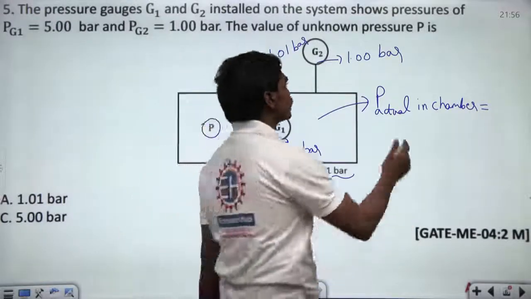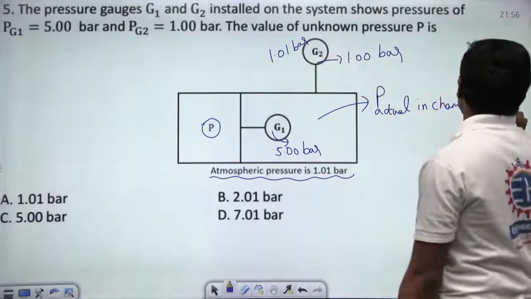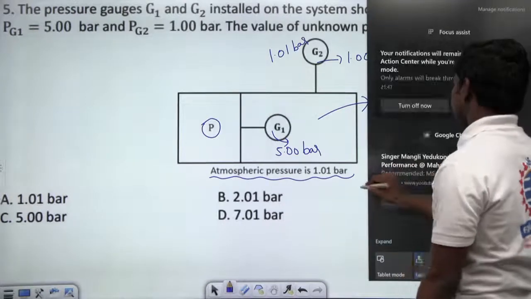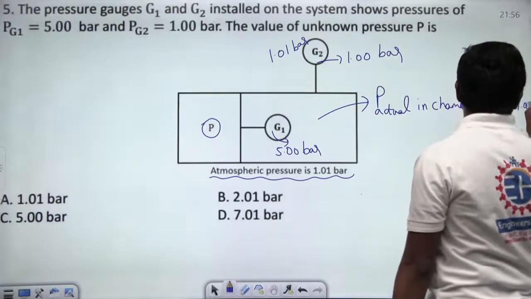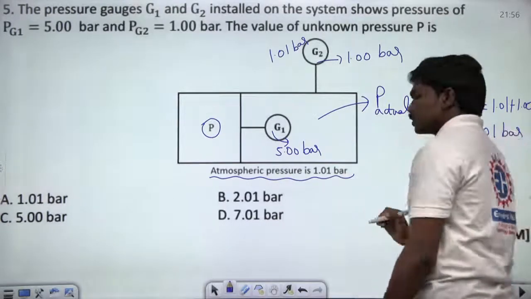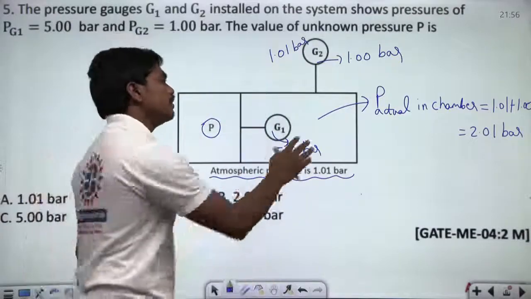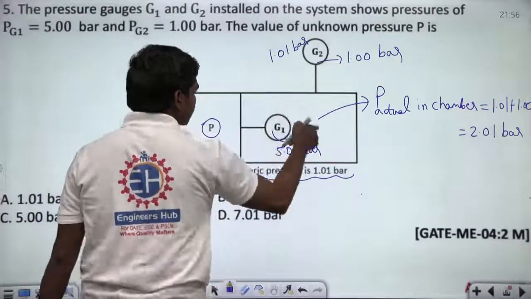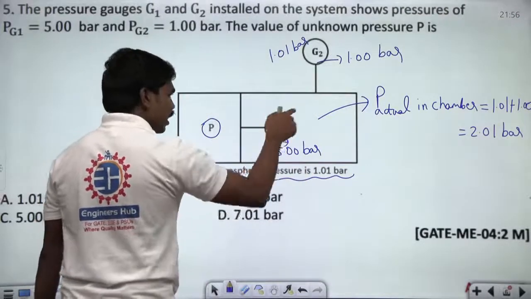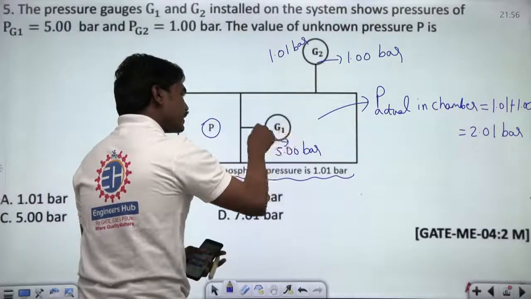The actual pressure is the summation of these two, correct? 1.01 plus 1.00, which is 2.01 bar, correct? Yes, 2.01 bar. If this is 2.01 bar, again see, this gauge is surrounded by a pressure of 2.01 bar and even though 2.01 bar is acting on this, this gauge is reading 5 bar.